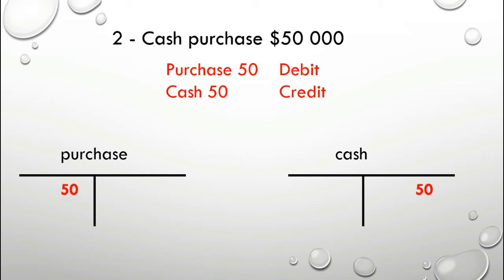Next question. Purchases 50,000. When we are buying, we have to pay 50,000. Cash is going out of the business. Cash is an asset. Asset is reducing here. When asset is reducing, we know it is credit. So we can go to the cash account and credit 50,000.